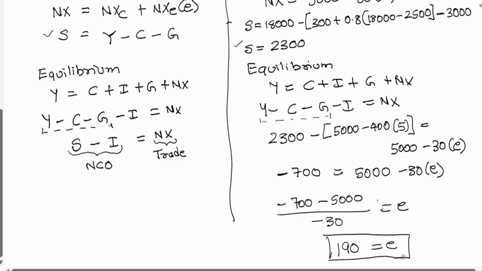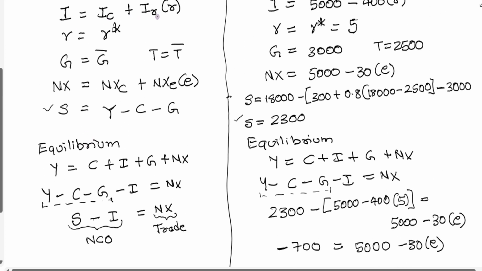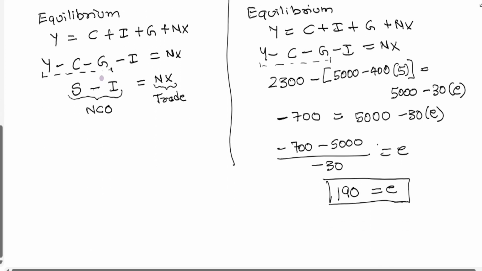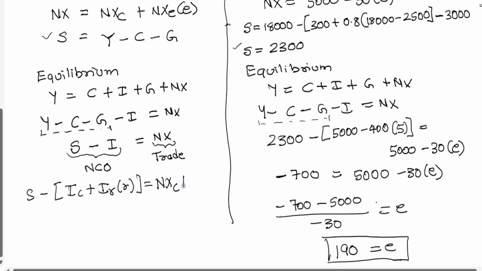And you can do a similar analysis by plugging the net export function in the analytical framework, as well as the investment function in the analytical framework, right. So, investment function is IC plus IR times R. So, that is going to be savings minus IC plus IR times R, and that is equal to, keep in mind the net export function is NXC, that part which is not related to exchange rate, and then that part which is related to exchange rate, negatively.